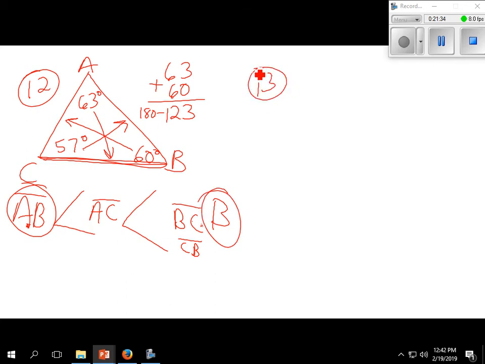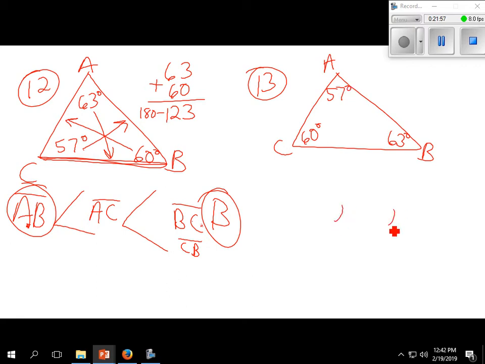13 looks like the same kind of problem, only this time they give you all the angles. You've got A, C, B; this angle's 63 degrees, this angle is 60 degrees, this angle's 57 degrees, and they want them listed from shortest to longest again. They just use commas instead of the alligator mouth, so I'll do that.